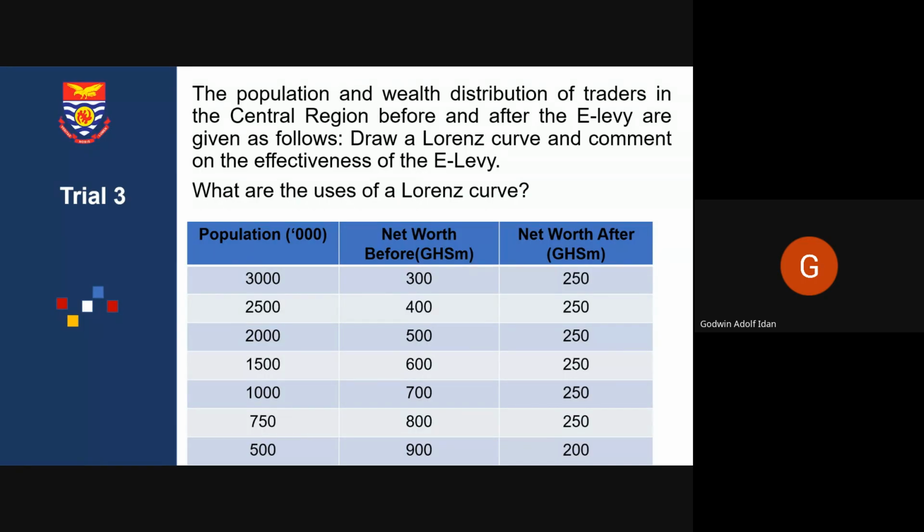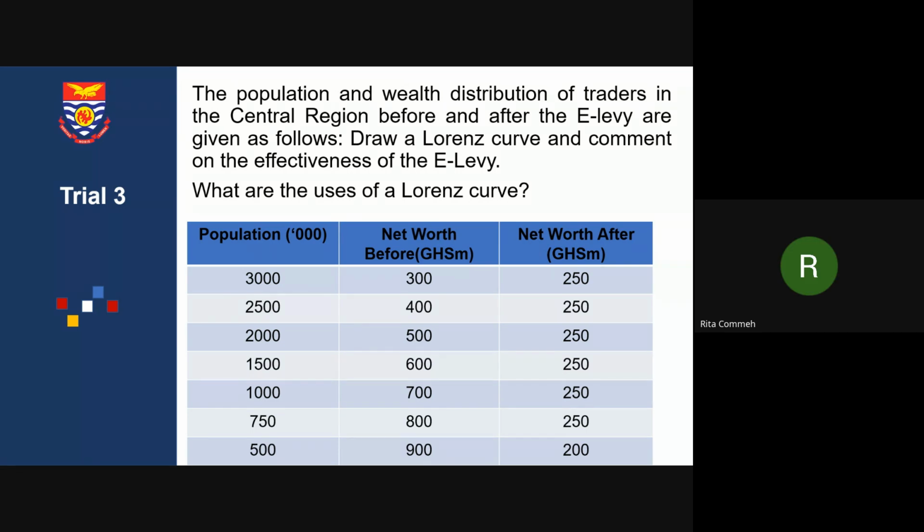Let one person read the question for us. Then we use the steps that we've earlier indicated to solve it. Then later you can look at what you have in the earlier slides. Then you can also reflect. So one person should read for us.